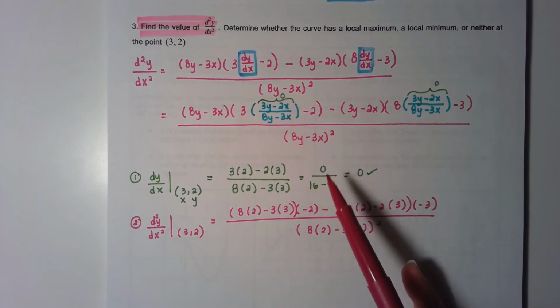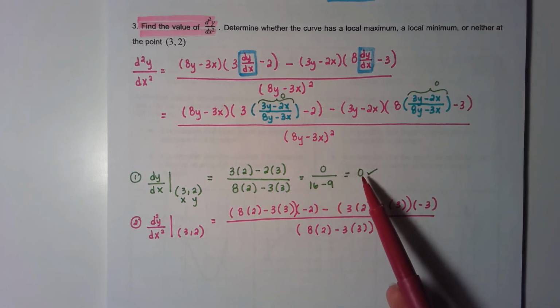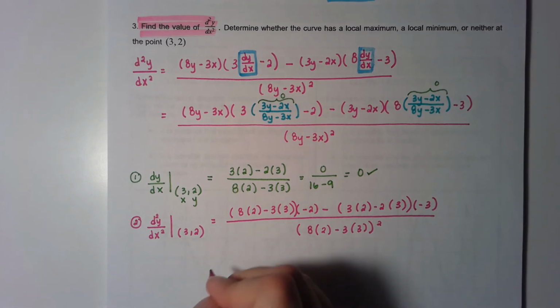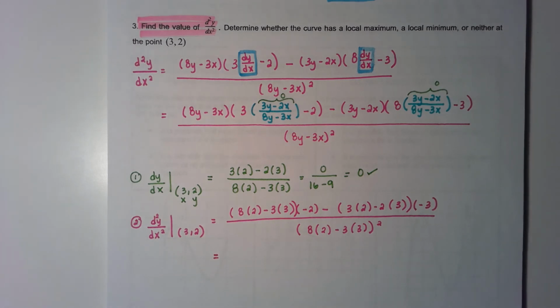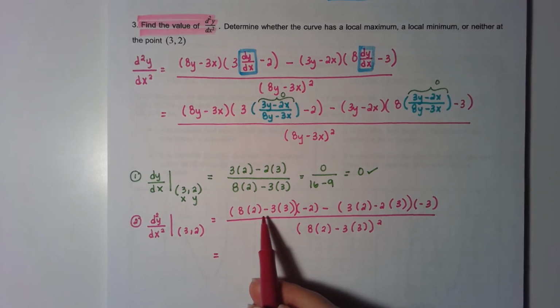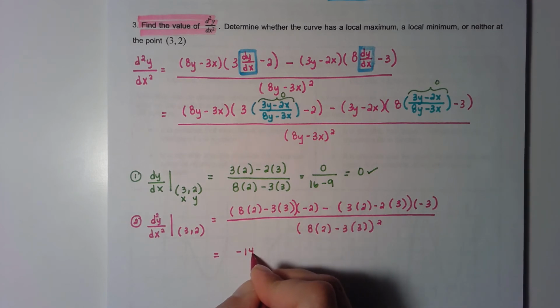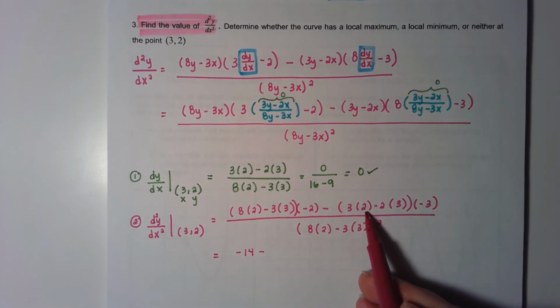Now, you'll notice I was able to make this a lot simpler by realizing that this blue part matches this value that I got here when I plugged in my numbers. So those become zeros. It makes my life a little bit easier. I still need to go through now and evaluate this to determine if I have a positive or negative number. So 8 times 2 is 16, minus 9 is 7. 7 times negative 2 is negative 14. Minus 3 times 2 is 6.